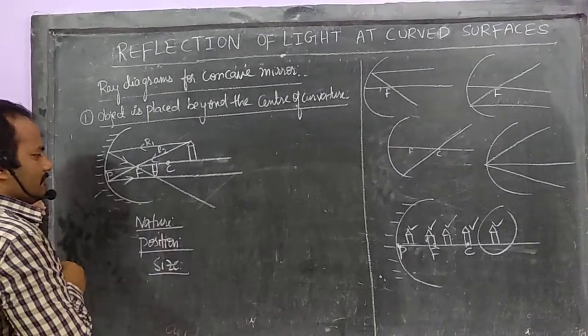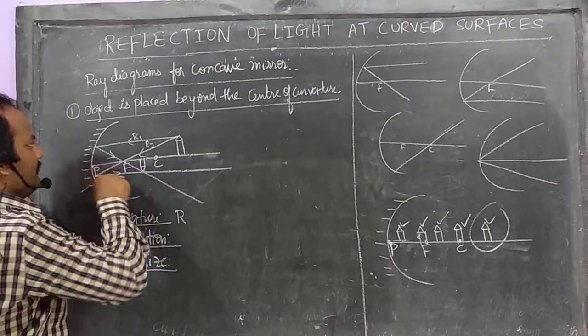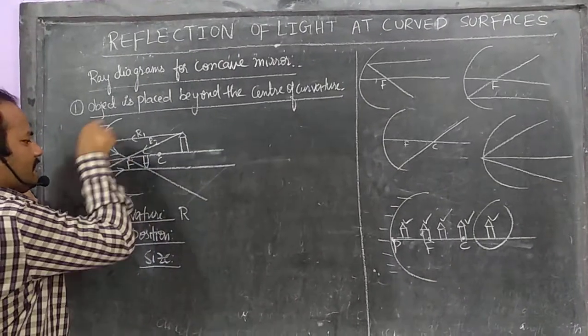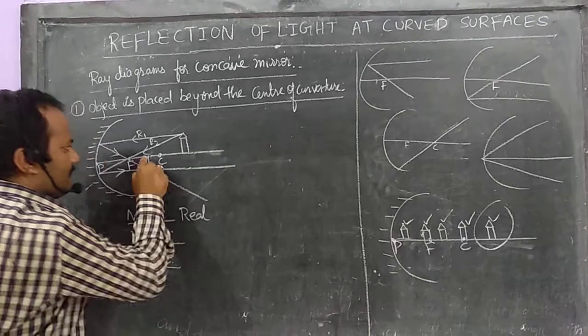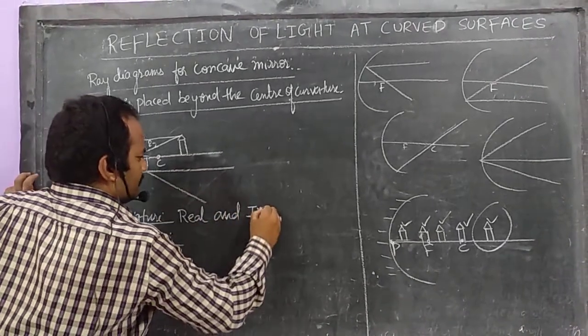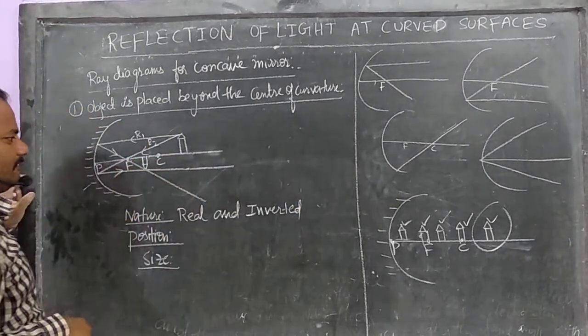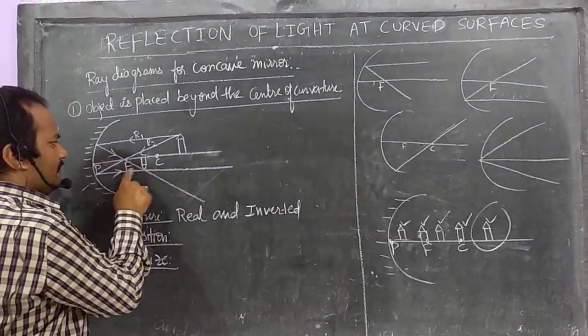Here we got the image. What is the nature? How is the image looking? First of all, you know very well, my students, that this is a concave mirror. So it is real only. The image is real. And the image looks inverted to me. It's not straight, it's reverse. It is inverted. What is the position? Where did I get the image?